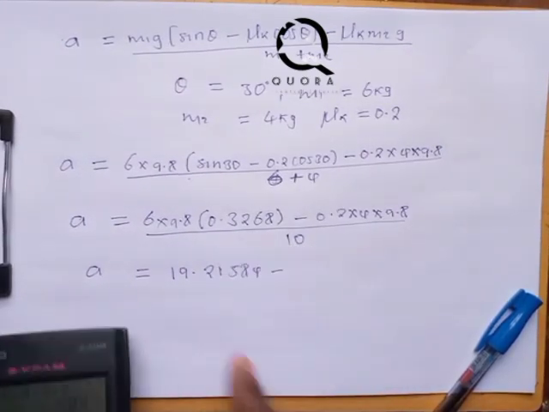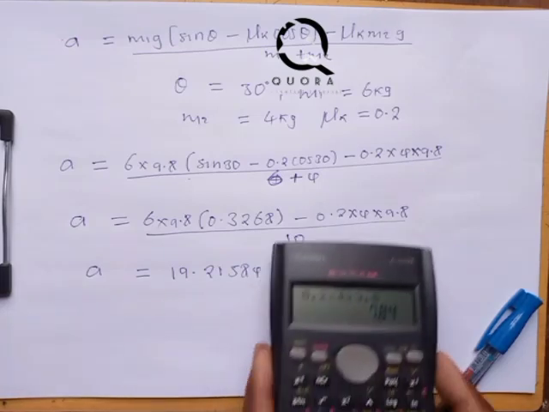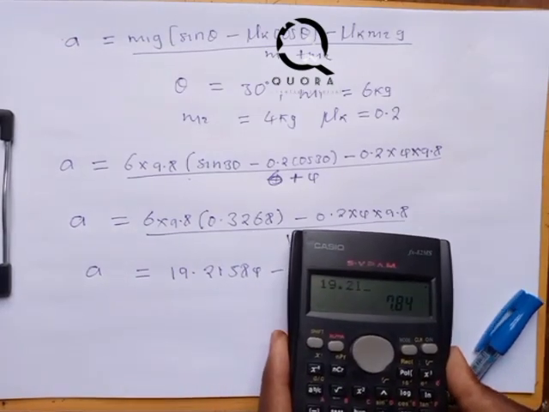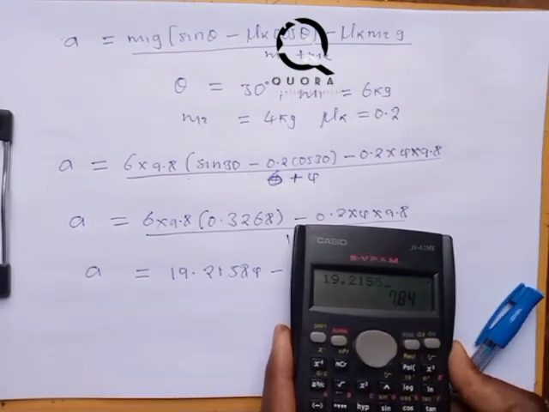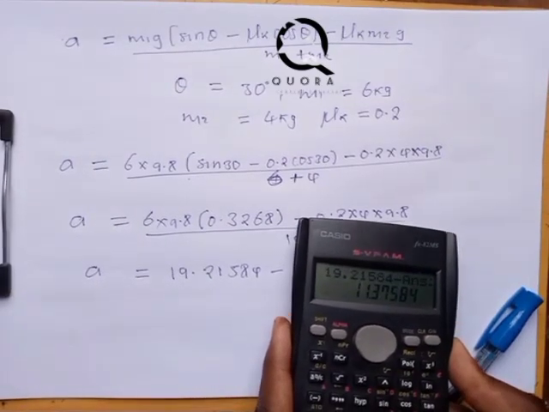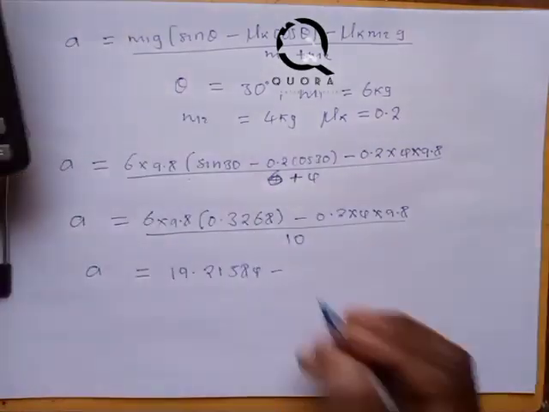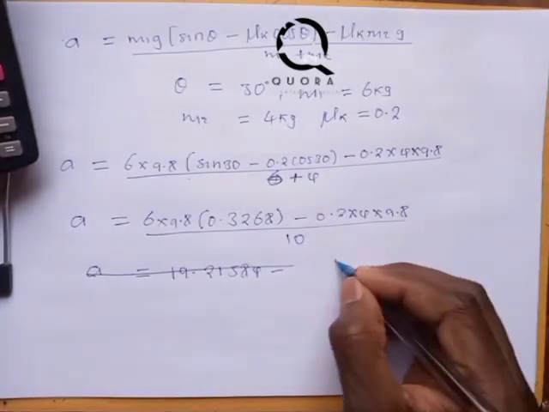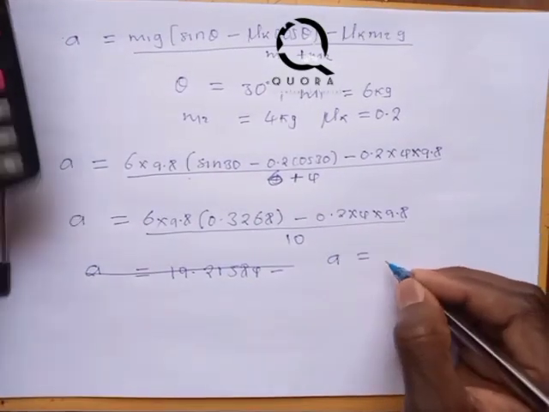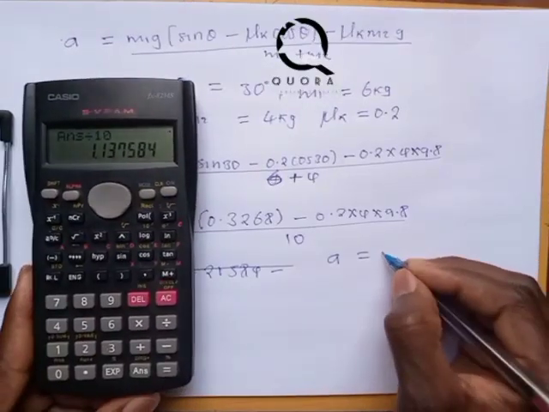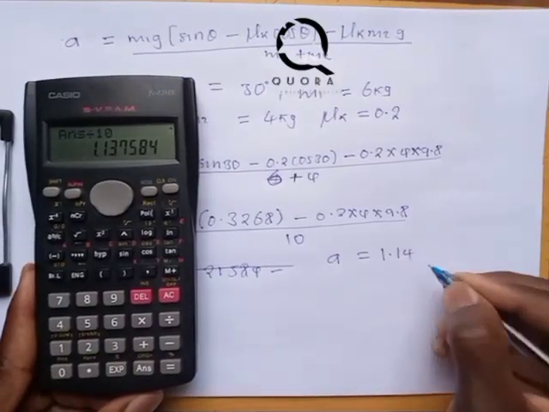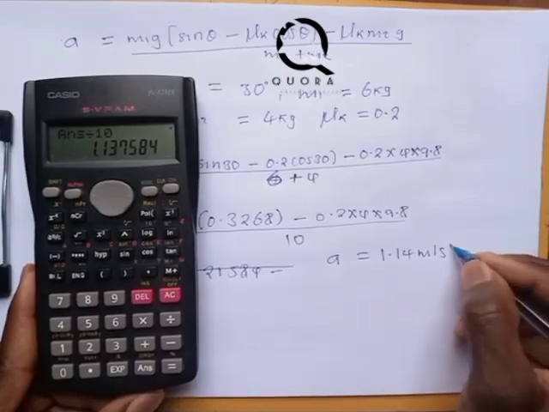So I'll write this one minus that, 19.21584 minus the answer, and divide this by 10. What answer are we going to get? So we are getting our acceleration as 1.14 meters per second squared.